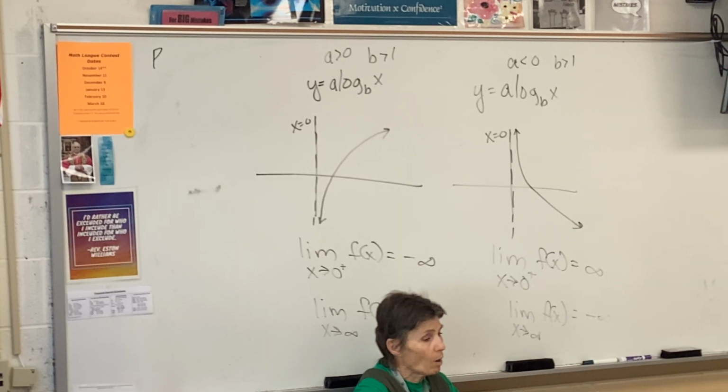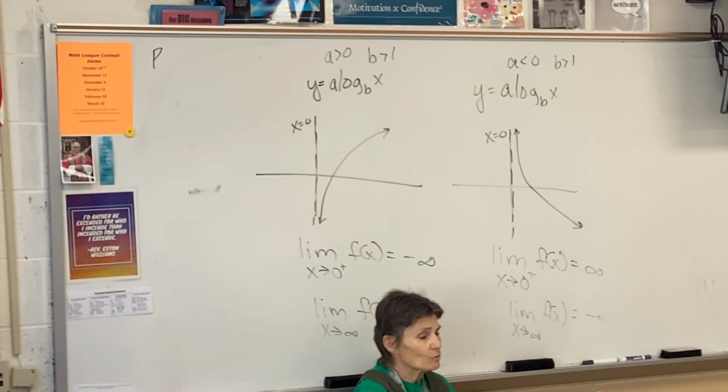Vocabulary from unit 1. Look at picture A. Are we concave up or down? Up. Are we increasing or decreasing? Decreasing. How about B? Concave down and increasing.